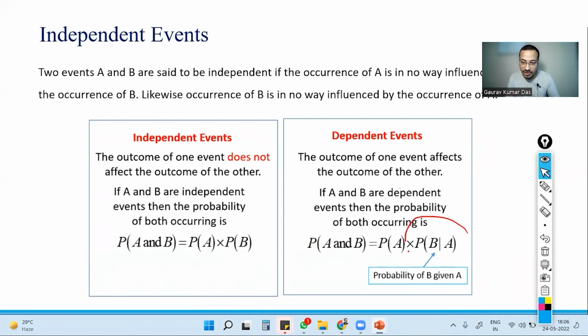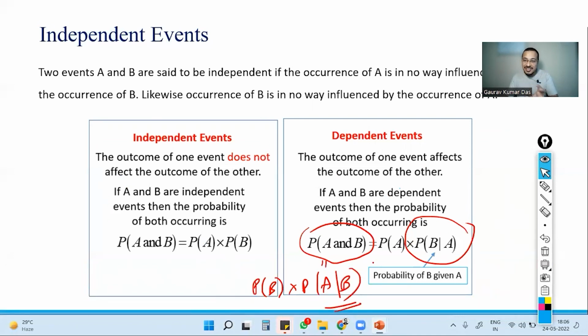This is called conditional probability. The left-hand side can also be equated to P(B) times the probability of A given that B has happened. I can write the vice versa of the events.